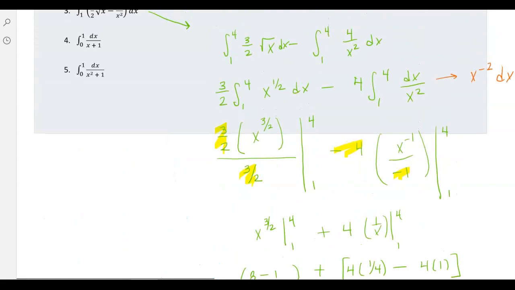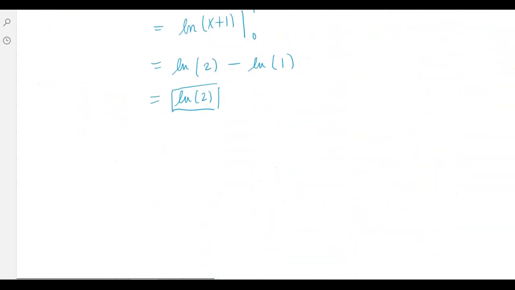And then what was our fifth one? Oh yeah, okay. And then for number 5, we're looking at the integral between 0 and 1 of dx over x squared plus 1.